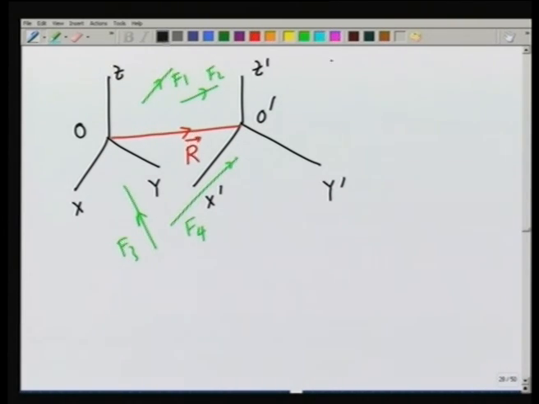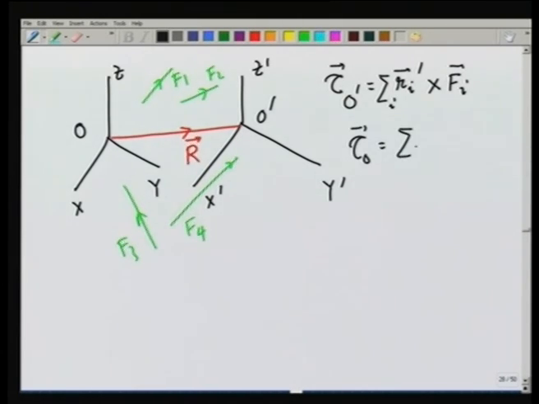Then the torque about O prime is going to be equal to Ri prime cross Fi summed over i, and torque about O is going to be summation Ri cross Fi, where Ri and Ri prime I take to be the vectors.